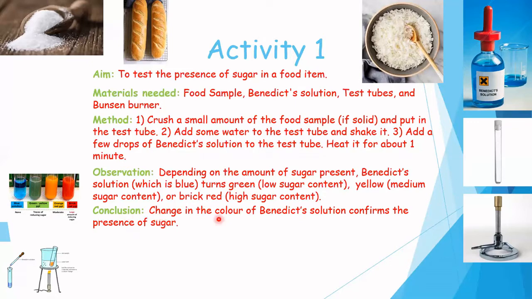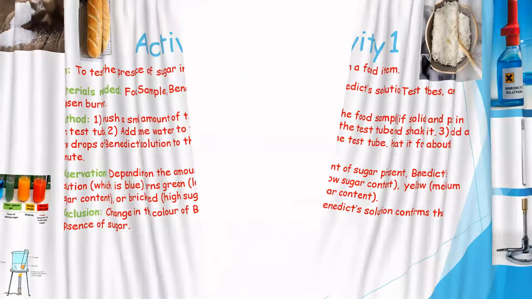Conclusion: the change in the color of the Benedict solution confirms the presence of sugar. So in this experiment we conclude that the change in the color of the Benedict solution confirms the presence of sugar.